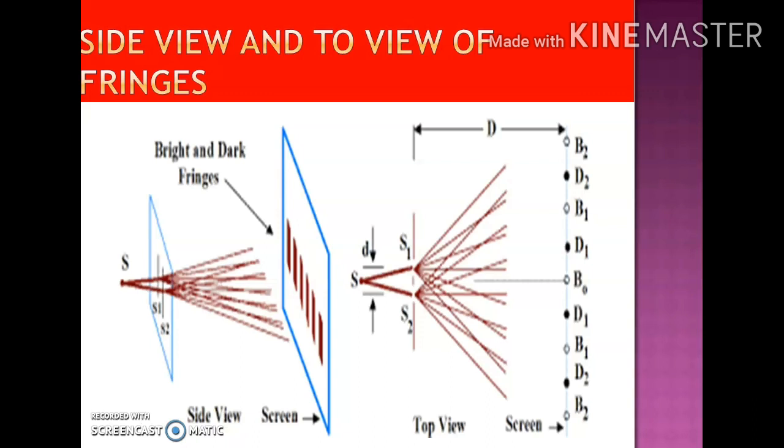The waves coming from source S1 and from source S2 will have no path difference when they reach the central point. So this central fringe will be the bright fringe, and we will get alternate dark and bright fringes on both sides of this central point. So this was about the side view and the top view of the fringe.